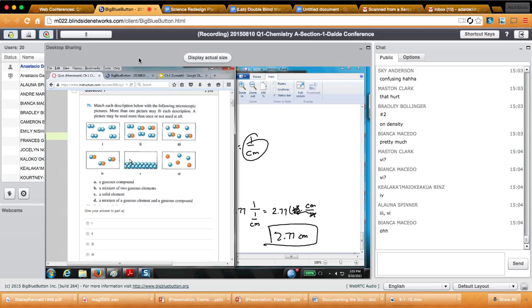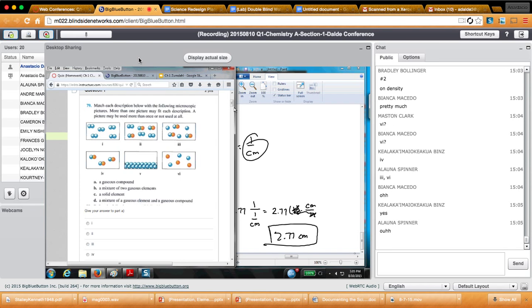But let's see, pictures 2 and 3. I would say 2 and 3 would also be gaseous compounds, but it also has a pure gas present. Does that make sense? So I would say that your gaseous compound would probably just be number 4.